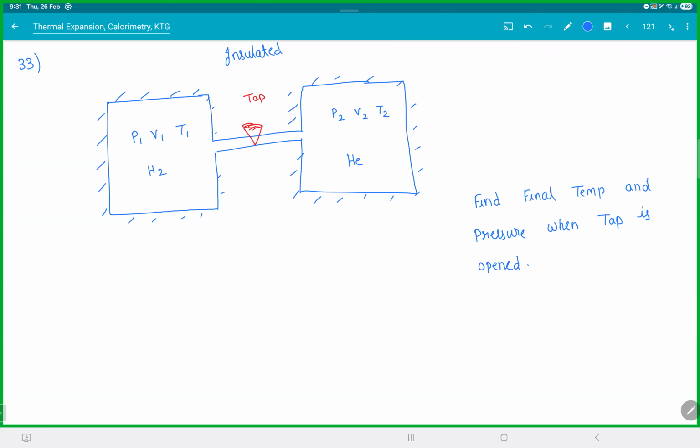How do you find? So what remains constant? Number of moles. What else remains constant? Total energy, because the whole thing is insulated, the total internal energy must be constant. Start from there, you'll get it.